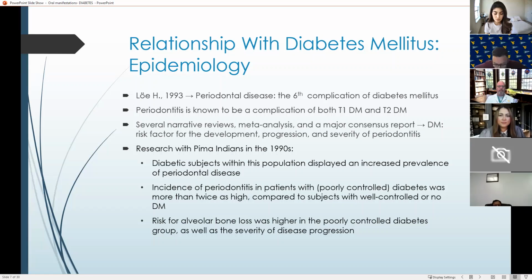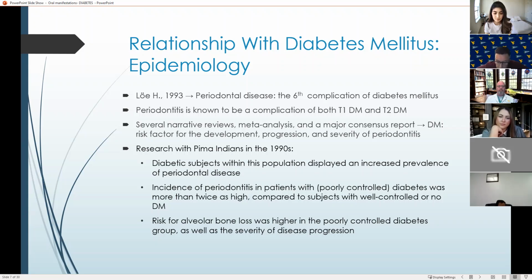An important source of evidence is the research conducted with the Pima Indians in the 90s. This is a population with one of the highest type 2 diabetes prevalences in the world. Indeed, diabetic subjects within this population display an increased prevalence of periodontal disease.